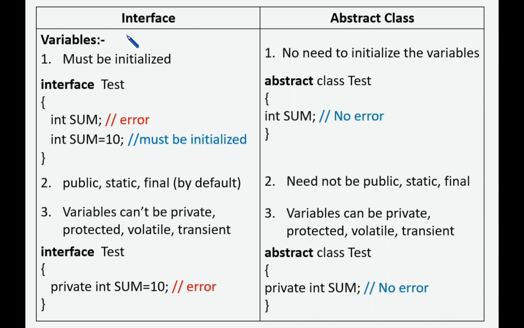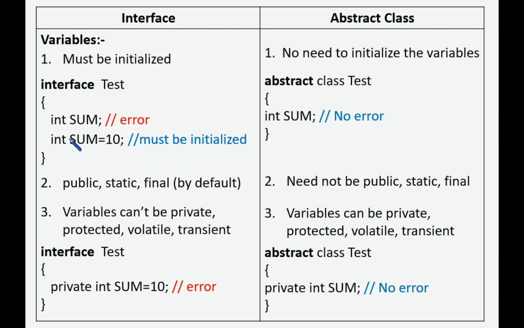So what about variables? In case of interface, all the variables must be initialized. See this code. Inside this interface Test, whenever we give a variable like int sum, it is an error.